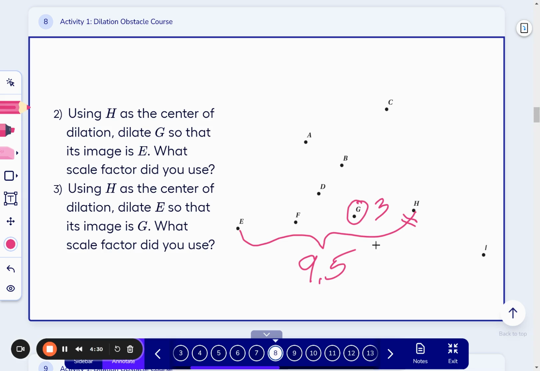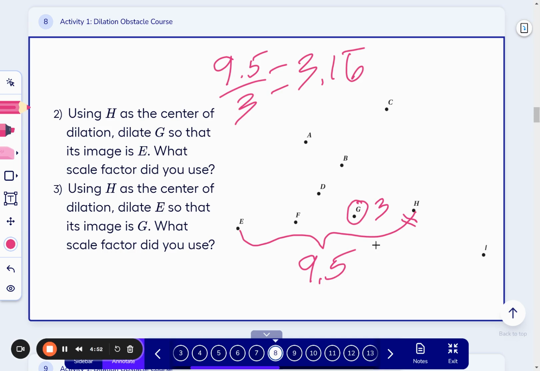So I would take my 9.5 divided by my 3. What does that give me? 3.16 repeating. That would be my scale factor. So roughly 3 is your scale factor, but not 3. It's more than 3.